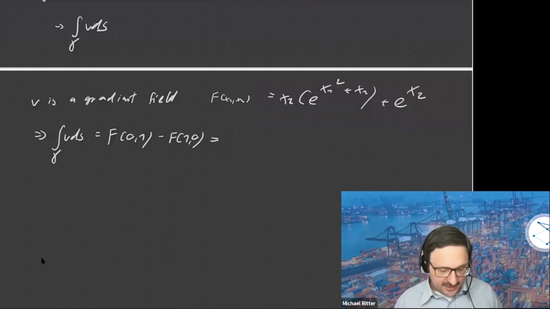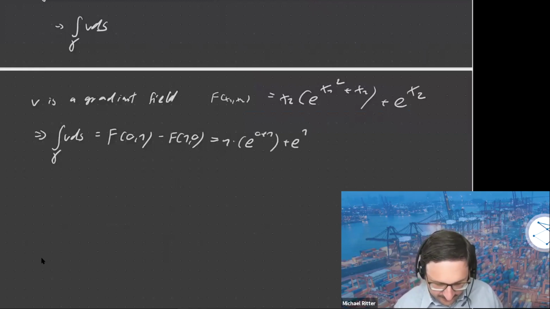And if we substitute the value of 0, 1 in here, so x2 is 1, x1 is 0, then what we get is 1 times e to the 0 plus 1 plus e to the power of 1 minus an f of 1, 0 would then be, well, that's 0 times e to the power of 1 plus 0 plus e to the power of 0, like this.